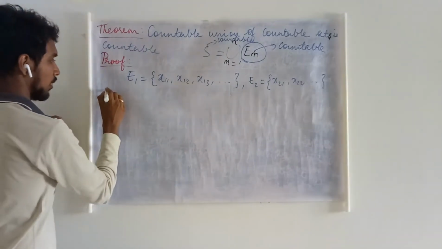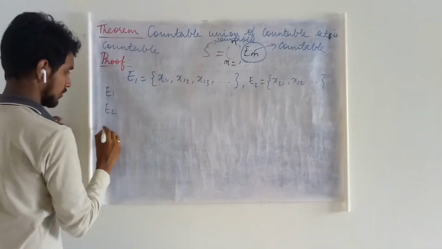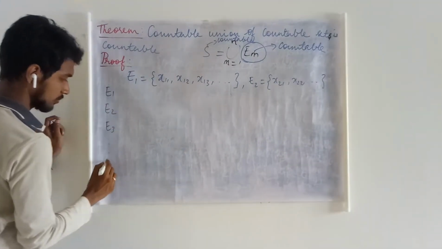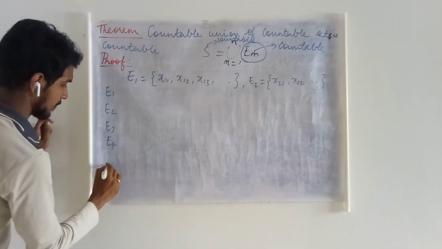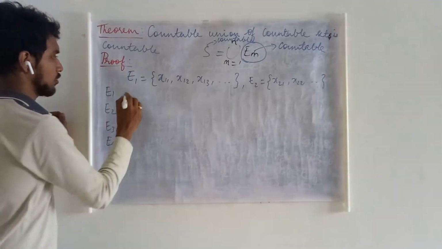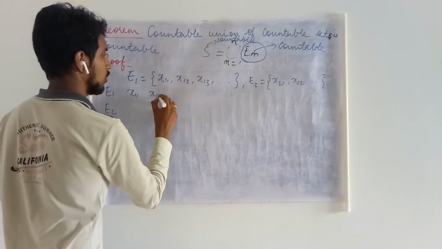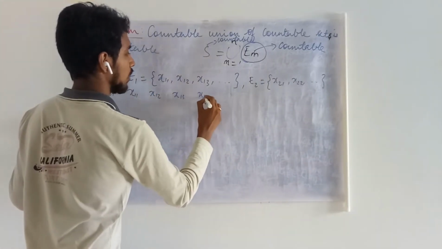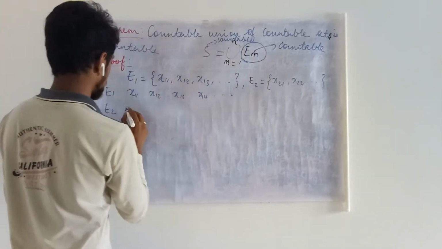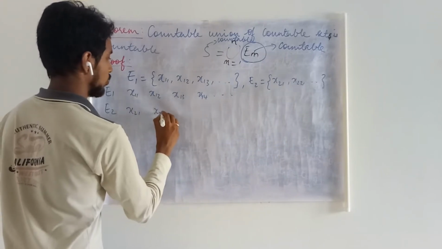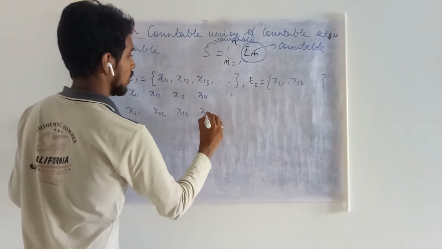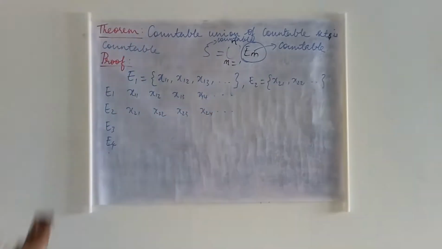In this way we will have elements like this: x11, x12, x13, x14, and it goes this way; x21, x22, x23, x24, and it goes this way. Here we are giving an array arrangement to these elements.